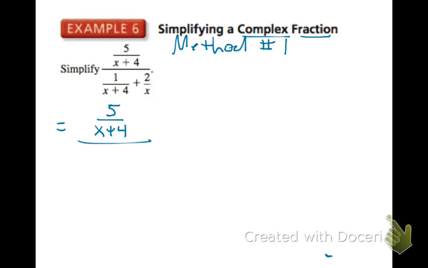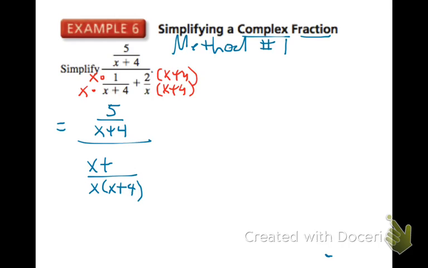So for the denominator, I need to add those. My common denominator is going to be x times x plus 4. So in my first expression, I need to multiply top and bottom by x. And in my second one, I multiply top and bottom by x plus 4. So I will get x plus, I'm going to distribute as I go, 2x plus 8.